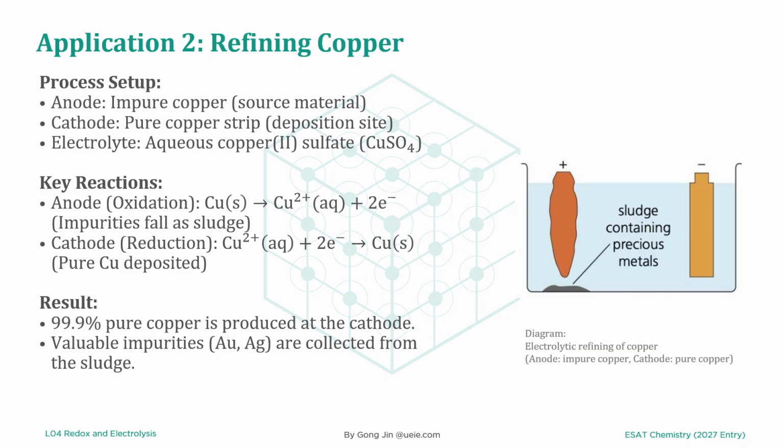At the anode, the impure copper dissolves into copper ions, and the impurities fall to the bottom as sludge, which can contain precious metals like gold. At the cathode, the copper ions gain electrons and are deposited as pure copper metal. This process gives us copper that's over 99.9% pure, perfect for conducting electricity.